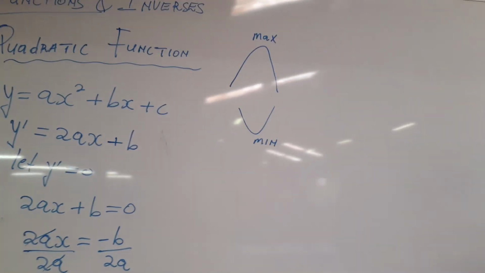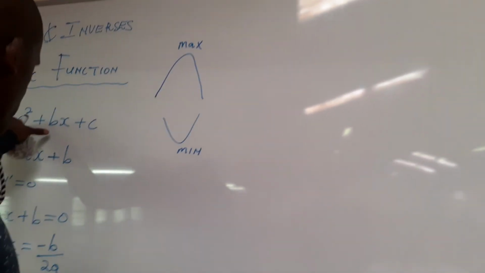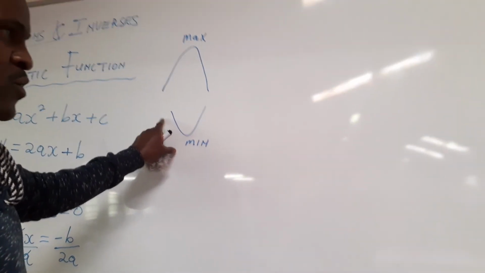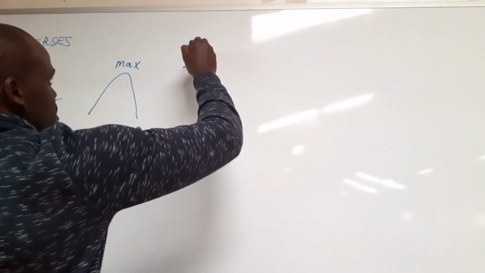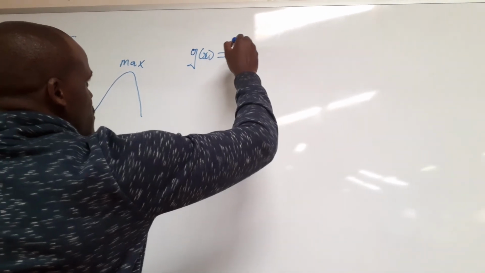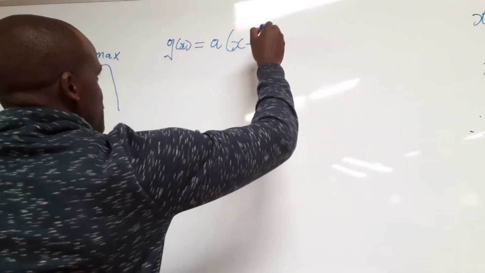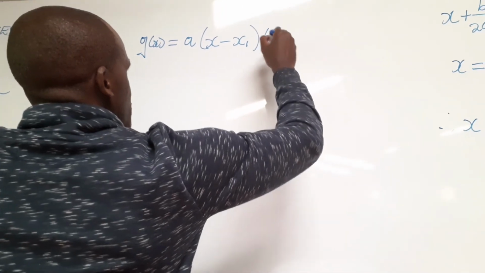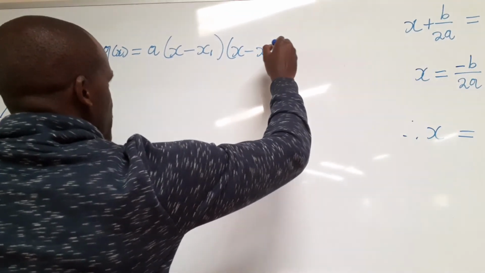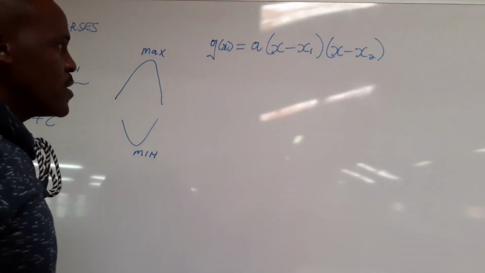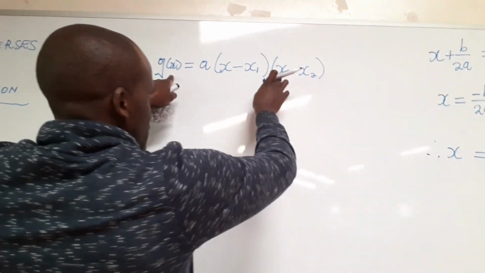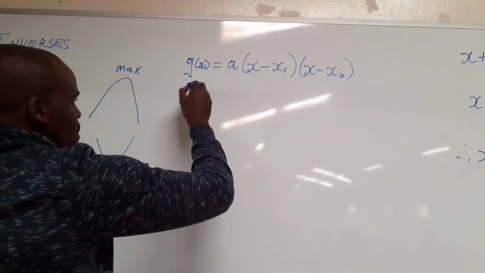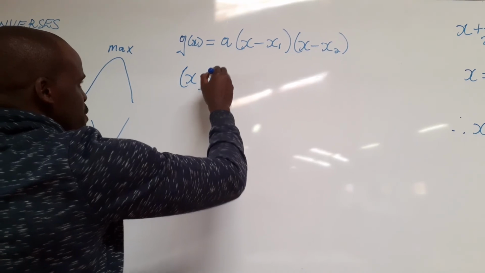Let's continue. So we've got another equation. We are done here. We substitute the value into the original equation to find the y value. Right. We've got this equation: g at x is equal to a into x minus x1 into x minus x2. Where this is our y, x is to g at x.